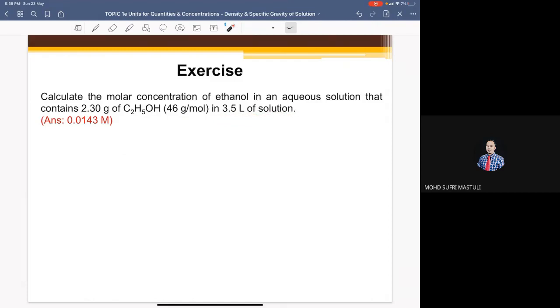Okay, so molarity you can calculate as mole per liter. Now you can get the mole because you already have mass over molar mass. You can get the mole, and 3.5 liter is the volume of the solution. So I think you can settle this question.